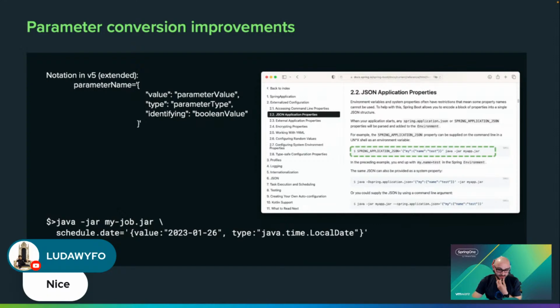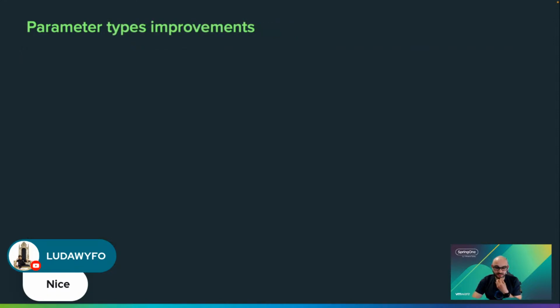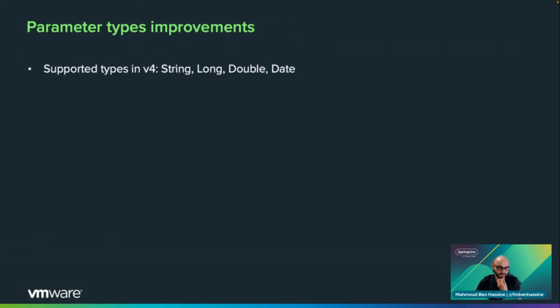Now, the second improvement we added here is about the parameters themselves. So in Spring Batch 4, for example, we have 4 types of parameters that we can use: string, long, double, and date. So we can only use these 4 types. It's a restricted list.